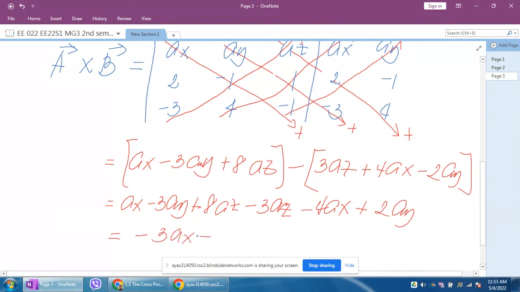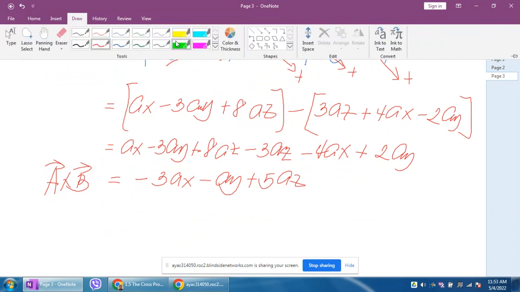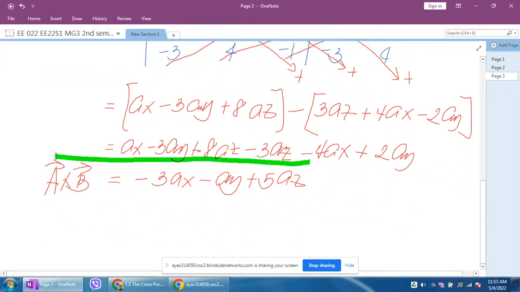Sa AY naman po, negative AY. Sa AZ naman po, I have positive 5AZ. So ito na po yung A cross B natin. Procedure lang po siya, no? So susundan nyo lang po yung procedure ng maayos.